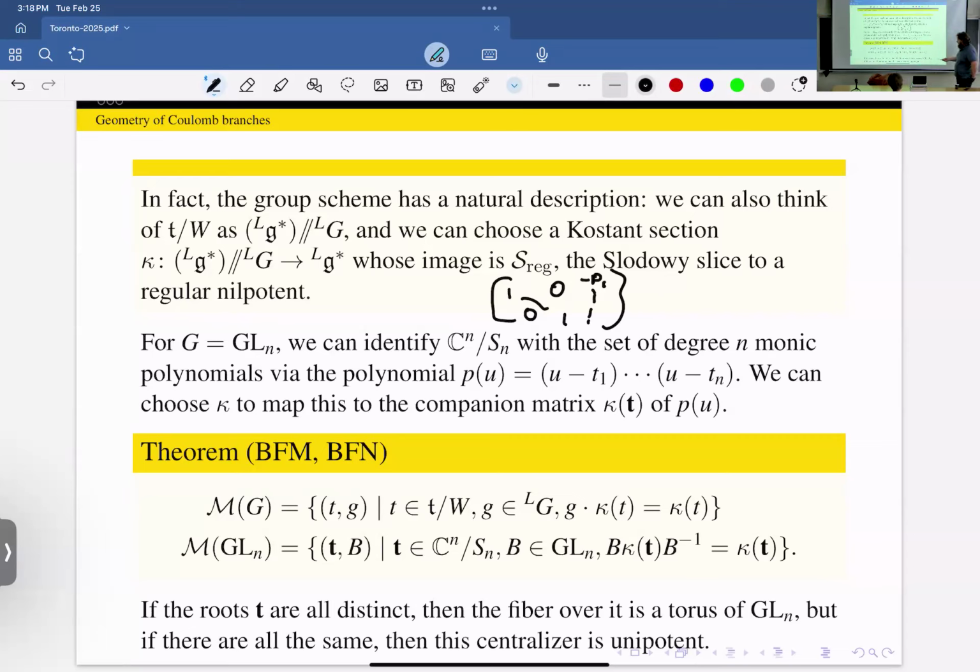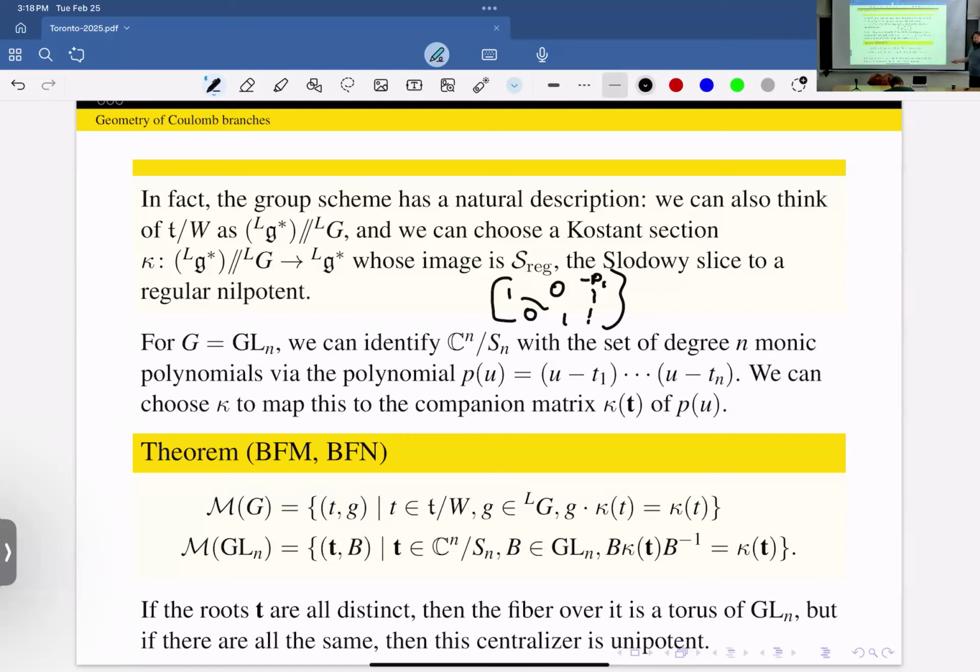So in GLN, what does this mean? This means I think about my point in Cn mod Sn, I think of that as a polynomial, I think about the companion matrix of that polynomial, and my fiber over that point is the centralizer of that companion matrix. This is the regular centralizer. So if your roots are all distinct, then the fiber is a torus.